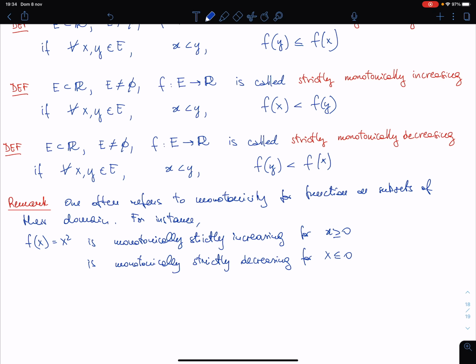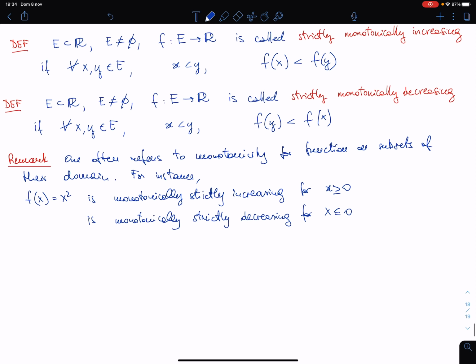On the other hand, if you have f of x equal to x to some odd power 2n plus 1 with n a natural number, this is monotonically strictly increasing on the domain R.